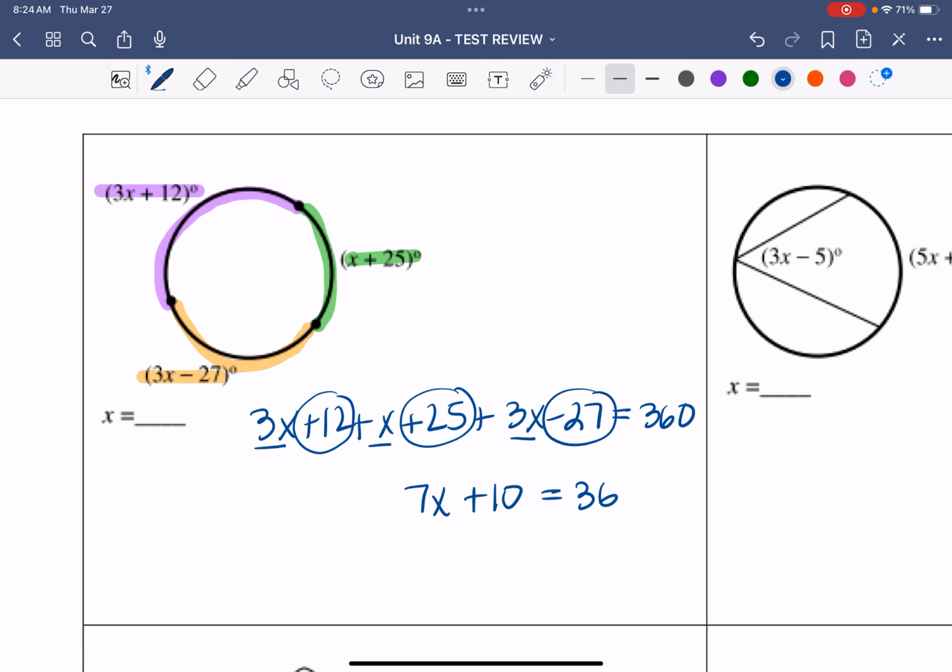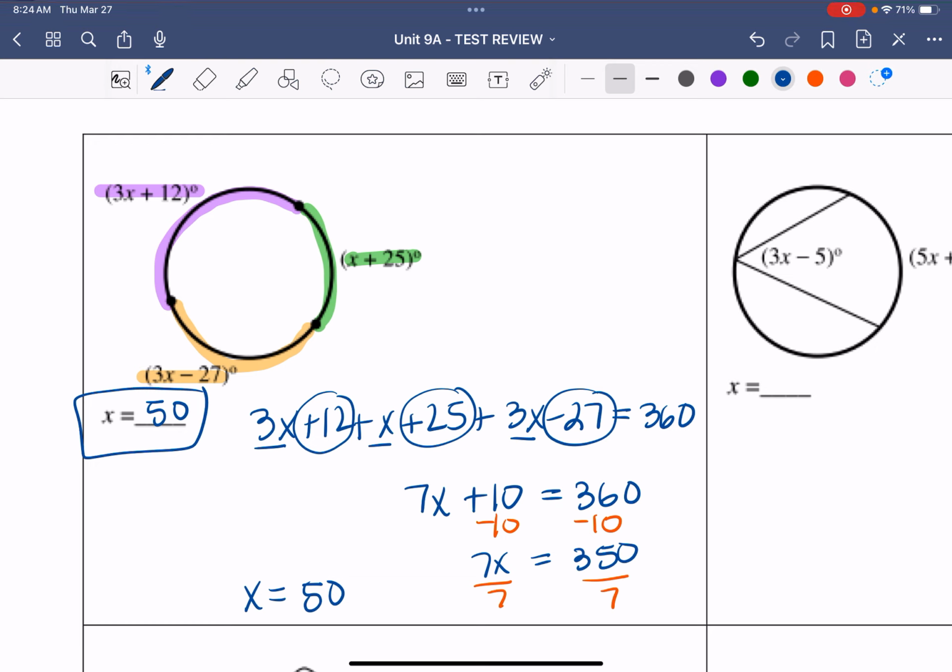Still needs to equal 360. Subtract 10 from both sides. So 7x equals 350. Divide by 7. And I'm going to write this to the side. X has to equal 50. Okay, so that's what they were asking for.